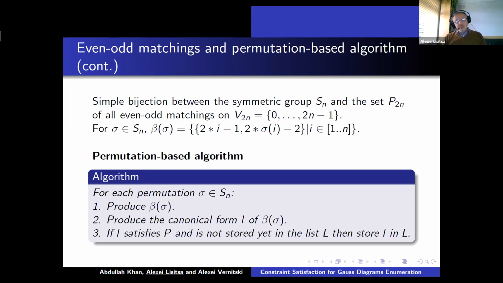So how do we generate diagrams? We first generate permutations by any of the known algorithms. You generate a permutation, then apply this bijection.